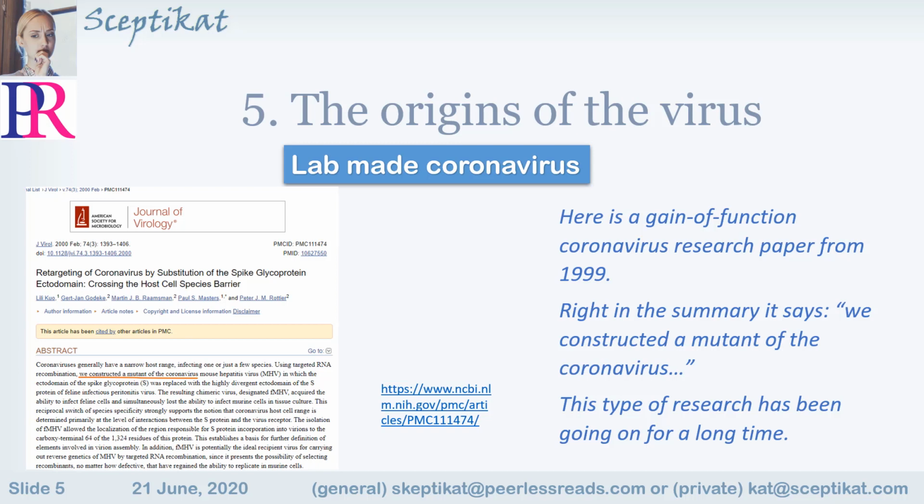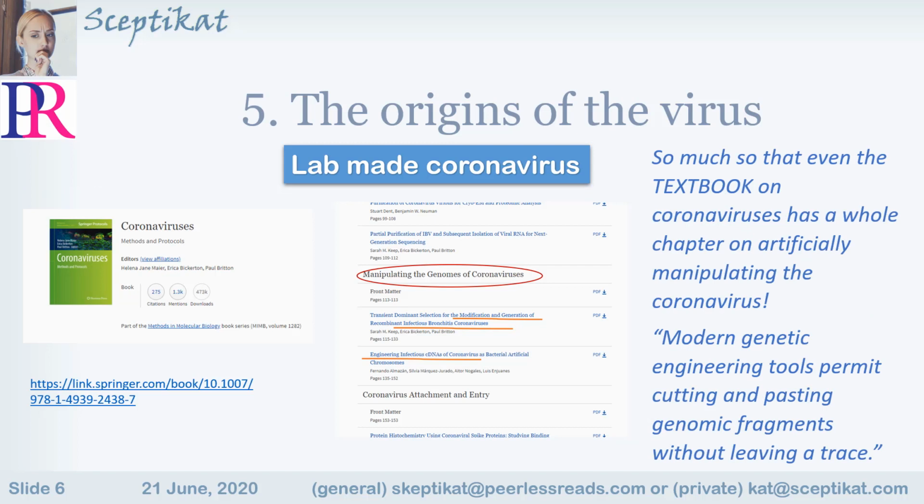Right in the summary it says, "We constructed a mutant of the coronavirus." This type of research has been going on for a long time, so much so that even the textbook on coronavirus has a whole chapter on artificially manipulating the coronavirus. Modern genetic engineering tools permit cutting and pasting genome fragments without leaving a trace.